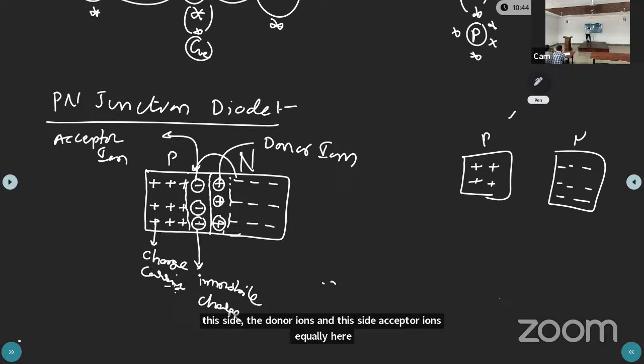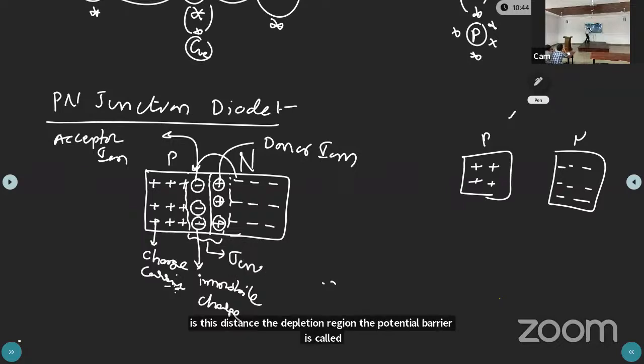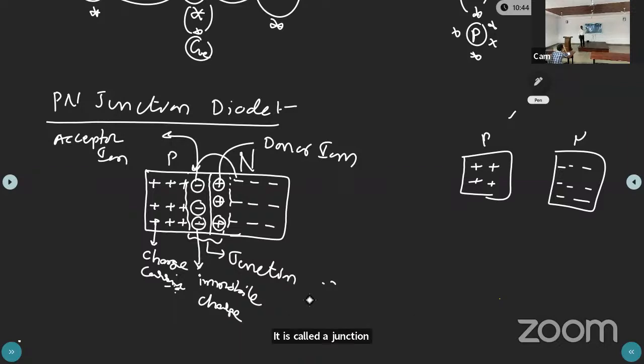This is called the depletion region or potential barrier, and it is called the junction. That junction we call a PN junction.